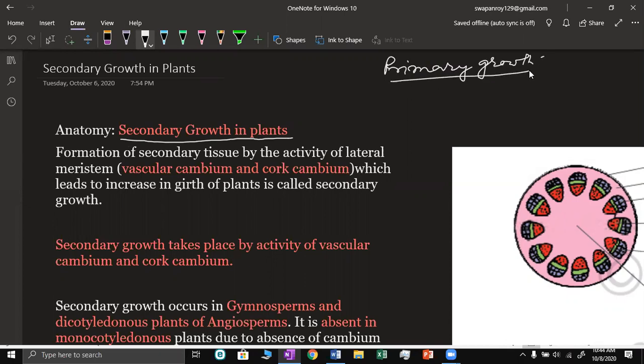This primary growth is carried out by the primary meristem, particularly the apical and intercalary meristem.